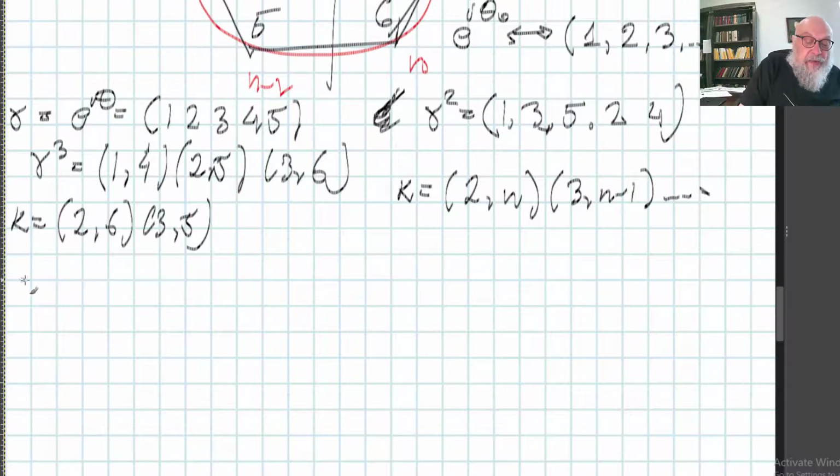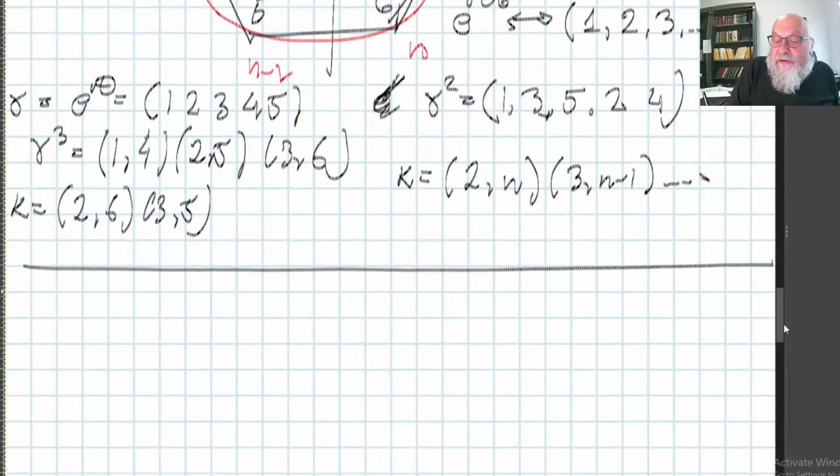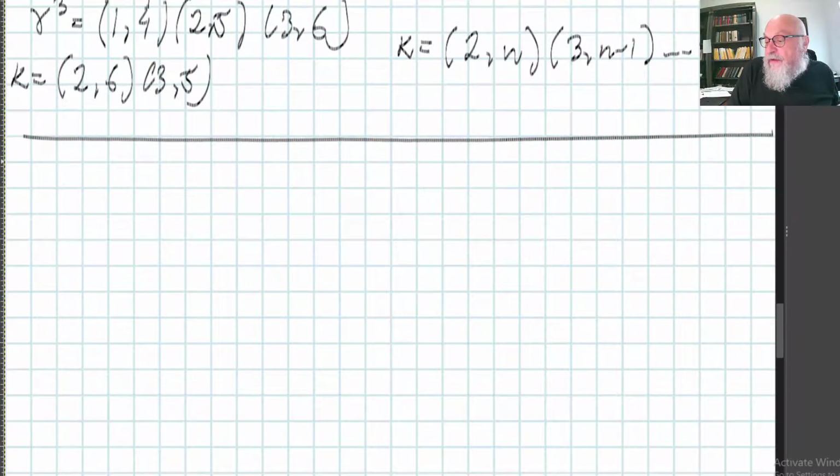For a moment, I do not want to create too much notation, so let's stay with what we have and introduce a couple of new notions that are going to be important.